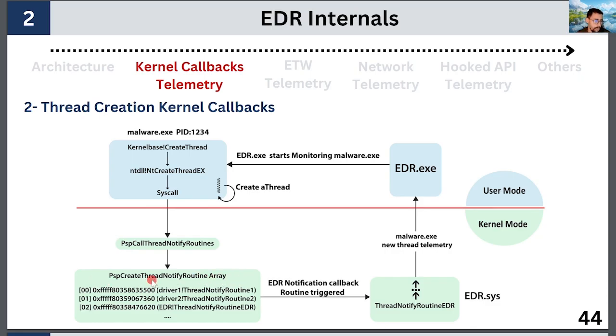This PspCreateThreadNotifyRoutine array holds pointers to all registered thread creation kernel callbacks from different drivers interested in thread creation events. In this diagram, the array contains multiple entries representing the callback routines registered by driver 1 and driver 2. These could be any loaded drivers, maybe system drivers.